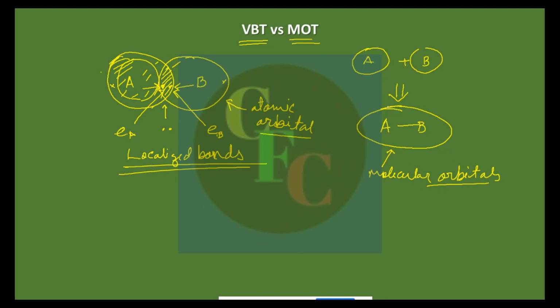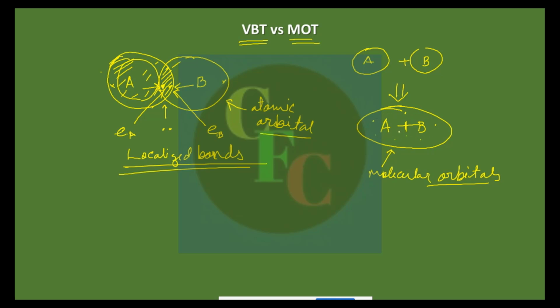In atomic orbitals, the orbitals are centered around the nucleus of the particular atom. Now in molecular orbitals, the orbitals are centered around the particular molecule. So both electrons, EA and EB, can reside anywhere in this molecular orbital. It can reside here, it can reside here, wherever you think.